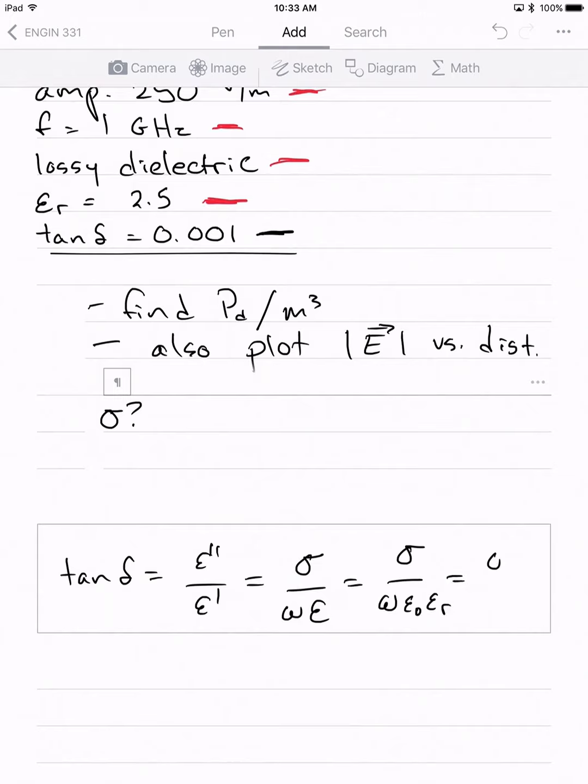Here's our mystery sigma divided by 2 pi 10 to the 9th times 10 to the minus 9th over 36 pi, which is approximately epsilon naught, times 2.5.